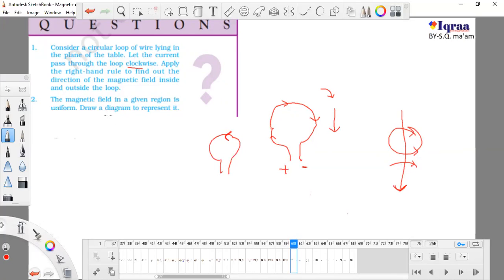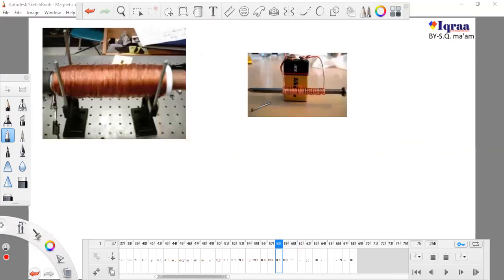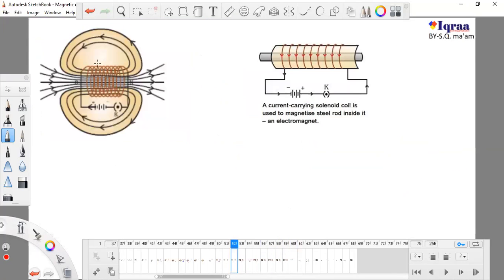Second question: the magnetic field in a given region is uniform. We know that the magnetic field is uniform in a given region only inside a solenoid. This is the region made up of a coil, or if you have inserted any type of metal in this coil.